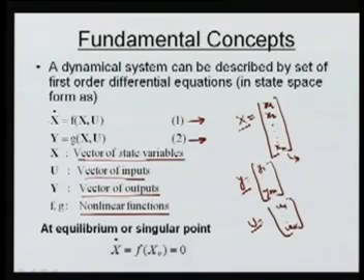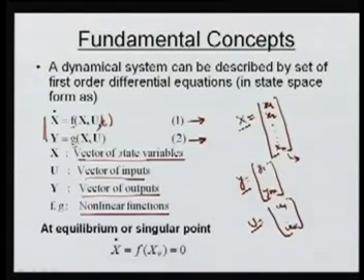Now from these two equations, although f and g are nonlinear functions, if we consider t as time, that is, f is a function of x, u and time, then this is the normal description of a dynamical system.